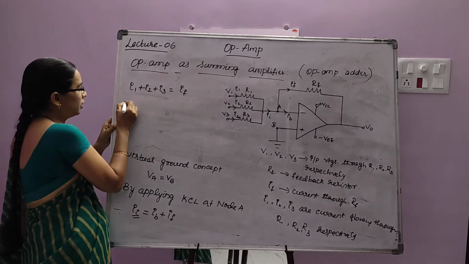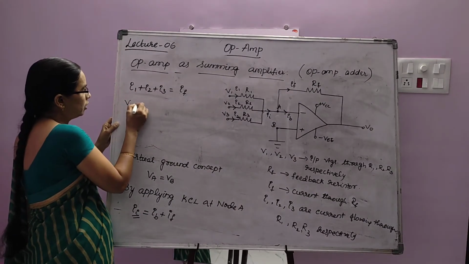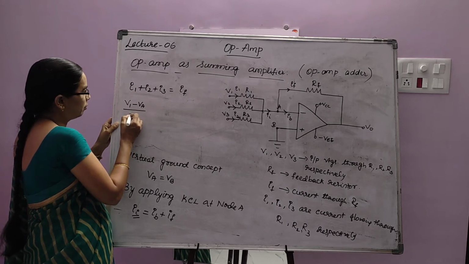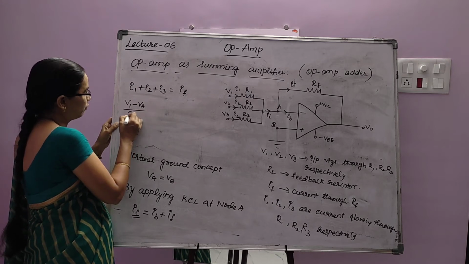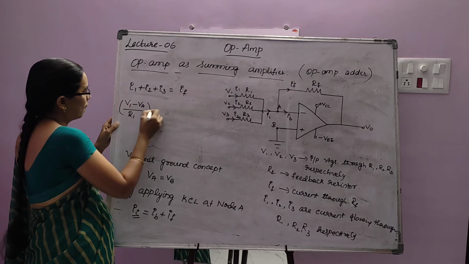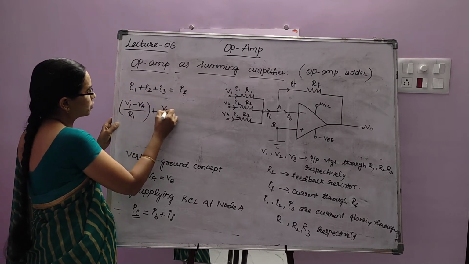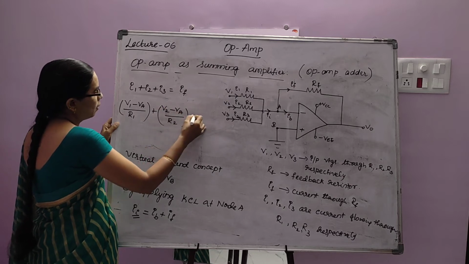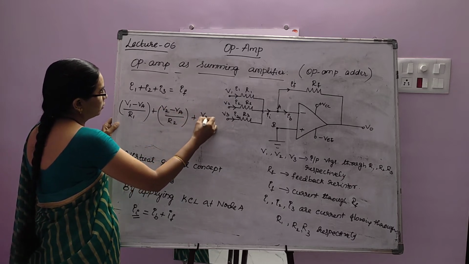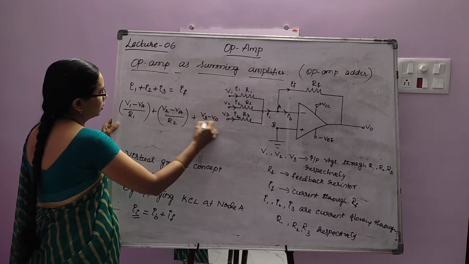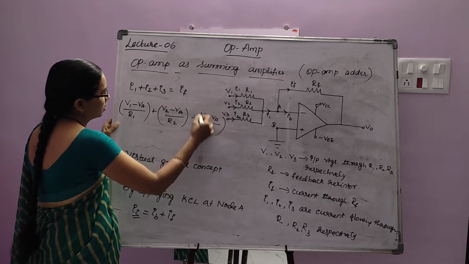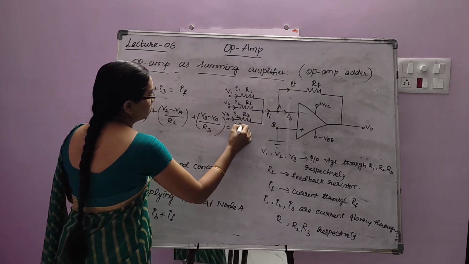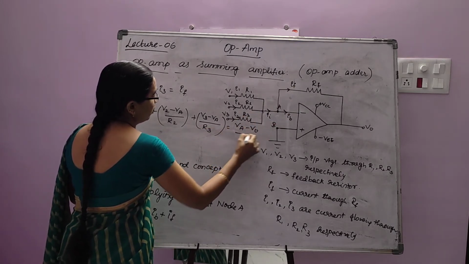So it can be written as V1 minus VA divided by R1 plus I2 can be written as V2 minus VA divided by R2 plus V3 minus VA divided by R3, that is equal to VA minus V naught divided by RF.